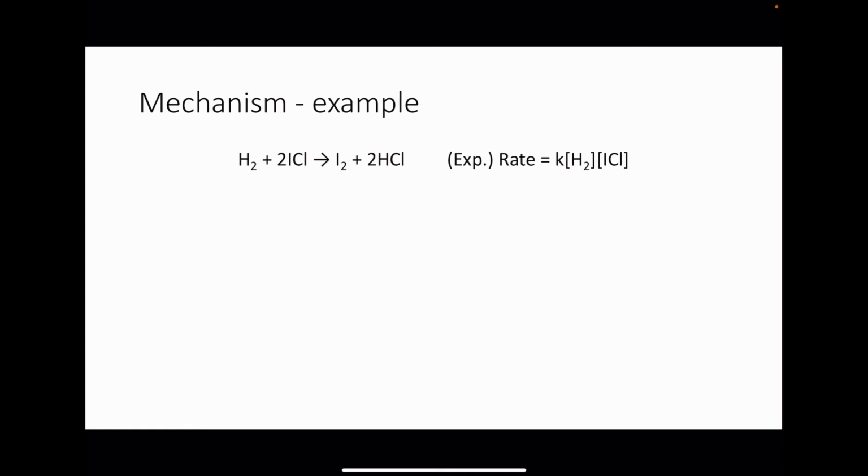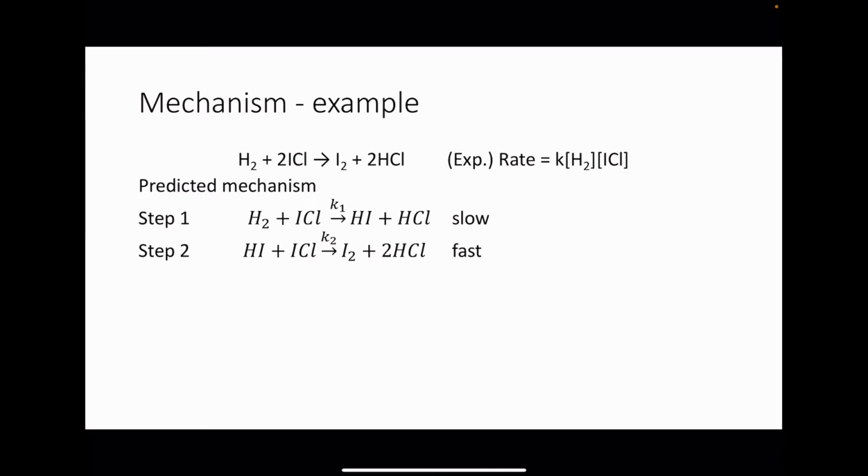So you have a simple reaction, H2 plus 2ICl, and we're going to form I2 and HCl. And the experimental rate is determined to be first order in each of the reactants, okay? The predicted mechanism is a two-step process where H2 reacts with ICl, so we get H forming an HI bond and an HCl bond, and that's the slow step, okay?